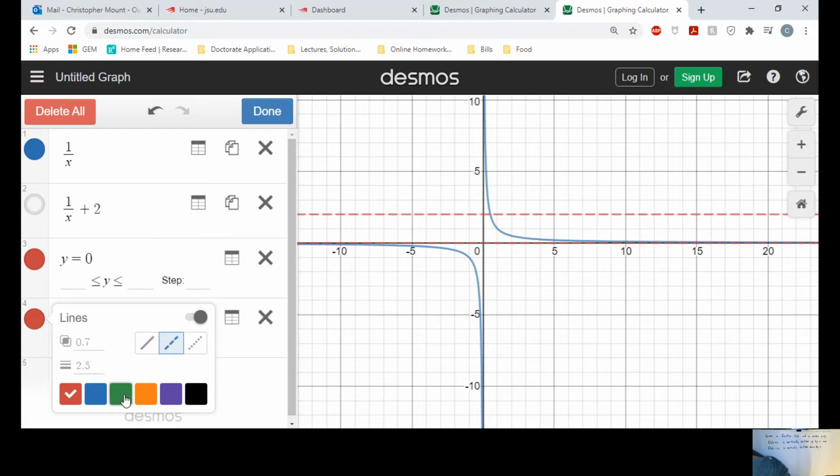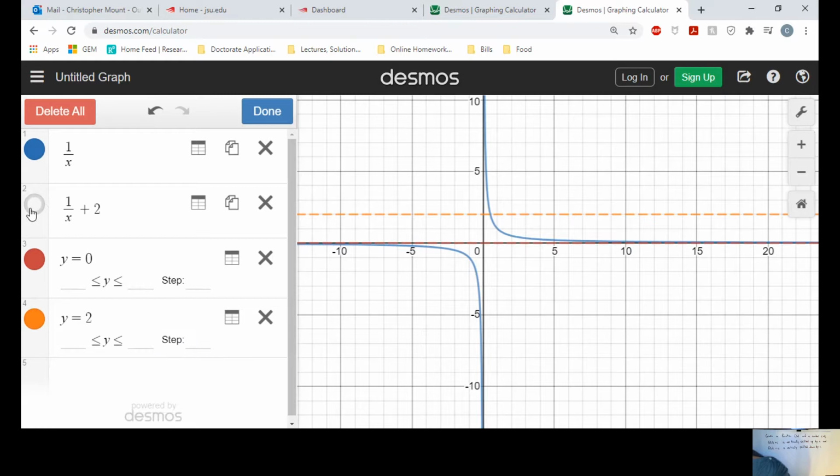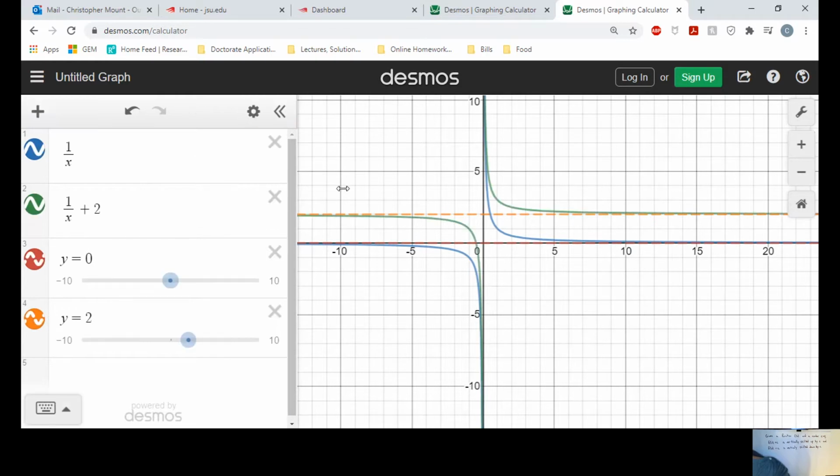Now I know that my graph should not touch that orange line. It should get very close to that orange line over here and over here, but never cross it. And there it is, that green function is the lifted one.